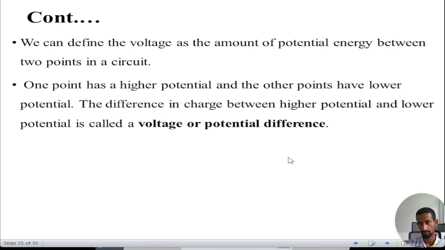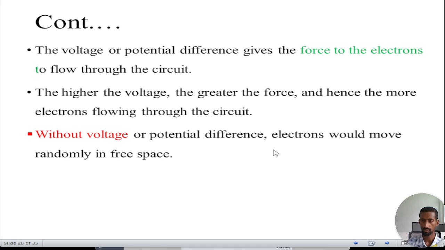One point has a higher potential and the other point has a lower potential. The difference between higher potential and lower potential is called voltage or potential difference. The voltage or potential difference gives the force to electrons to flow through the circuit.